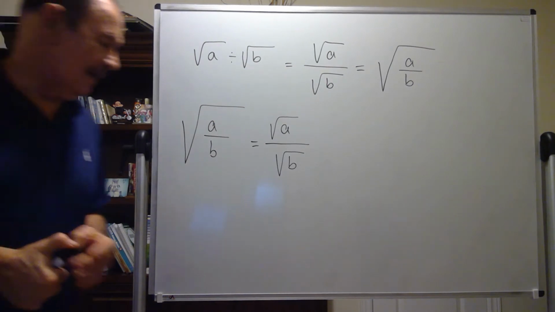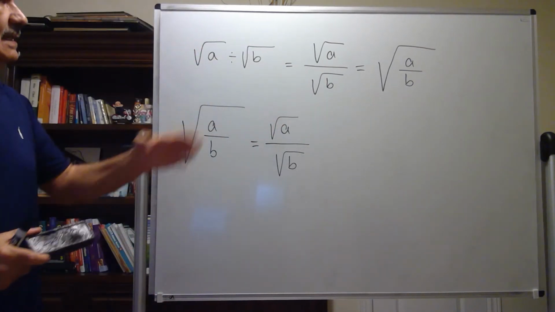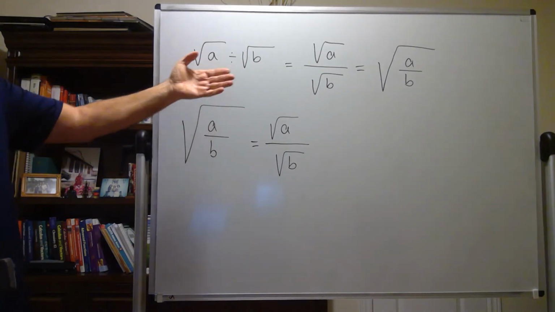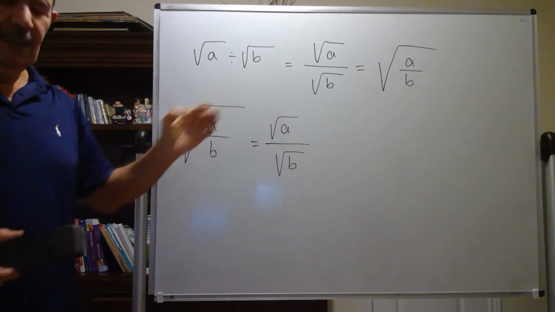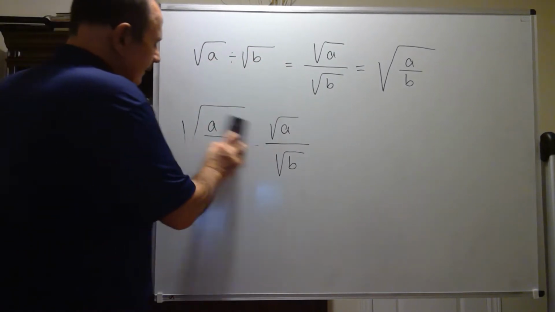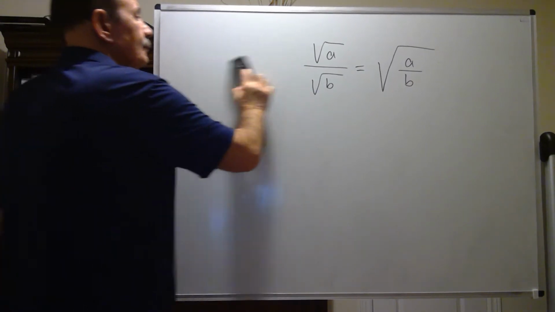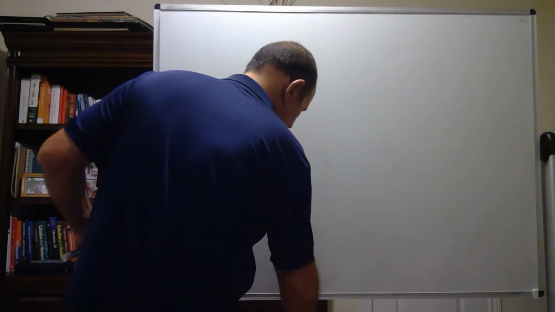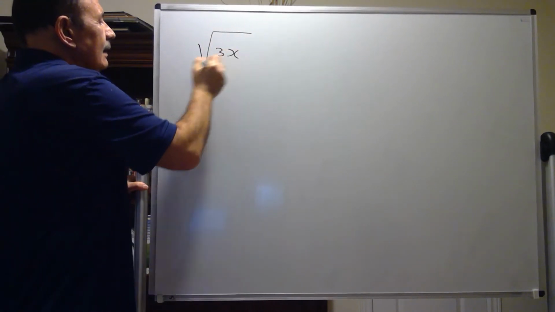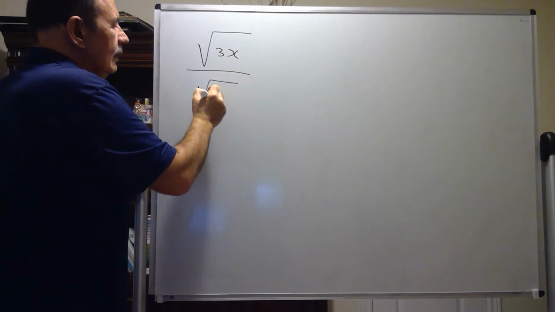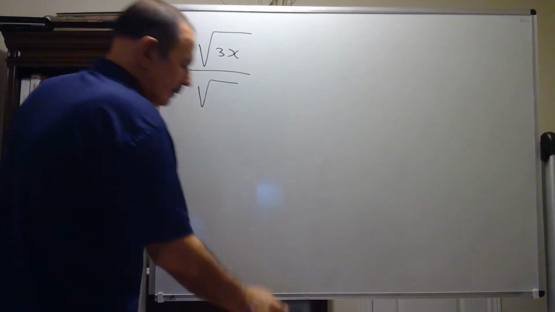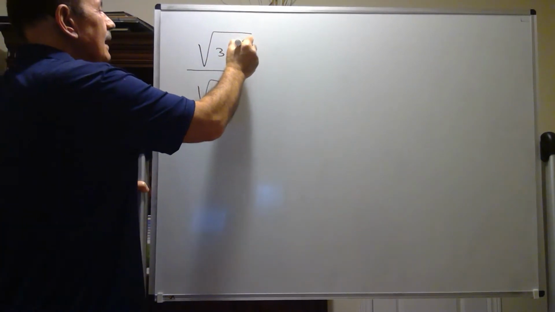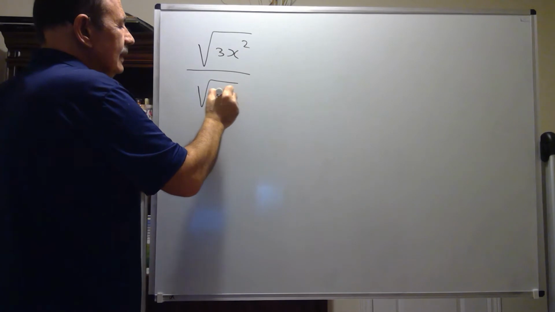Let's do some examples. I'm not using this sign as a division, but remember this sign, radical A divided by radical B, both have the same meaning. Let's do this example: radical 3x squared divided by radical 3x.